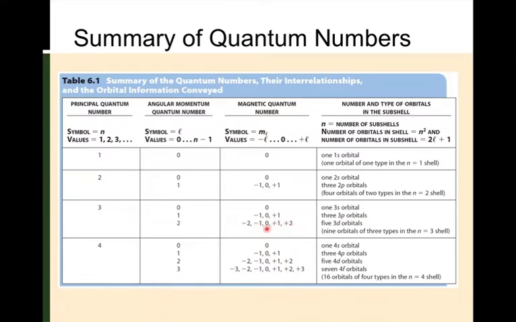And that indeed gives us the 5 ml quantum numbers found here. Here's just a little summary of it. And then the last quantum number is the ms quantum number. This is the spin quantum number. This can either be pointing up or pointing down, either plus a half or minus a half.